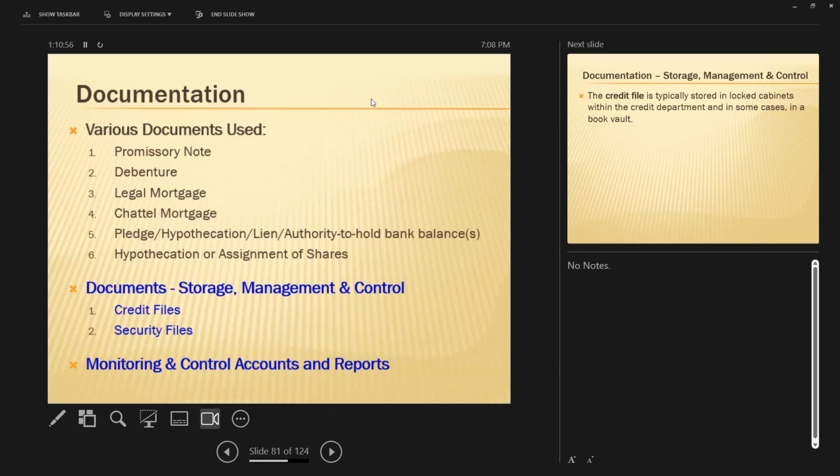So tonight, we can look at documents, the storage, management, and control of them, in particular, the credit and collateral security files. And we'll look at monitoring and controlling accounts and some reports that we will get either daily, weekly, monthly, whatever.